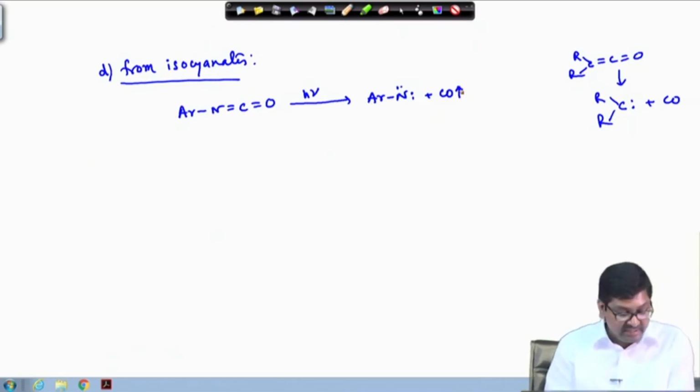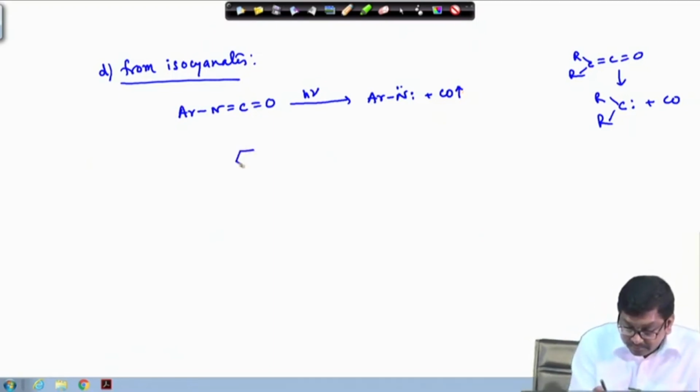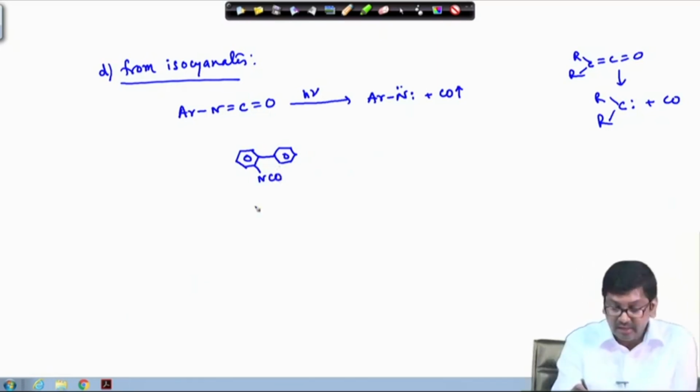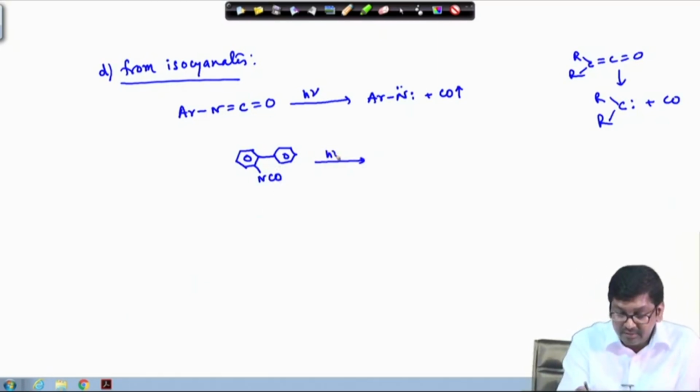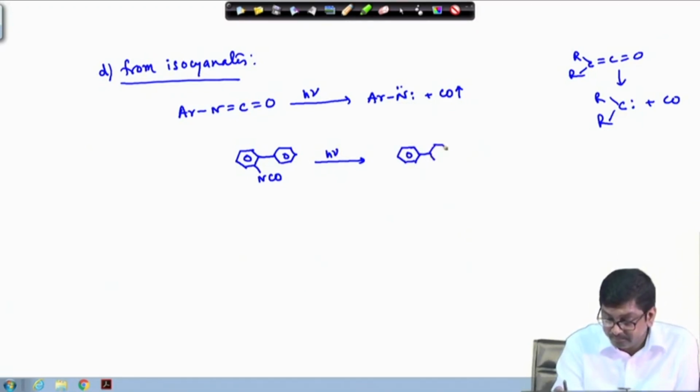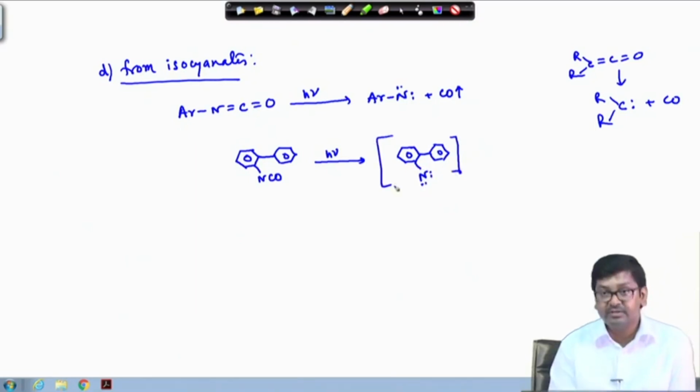As per example, take this particular isocyanate under photochemical irradiation, what has formed? So, this has formed the corresponding carbazole moiety through the generation of this nitrene species.